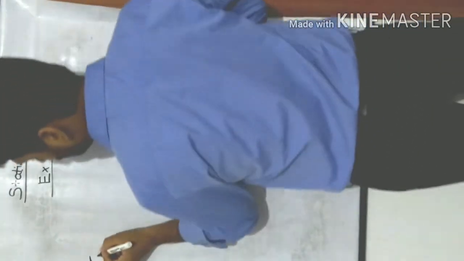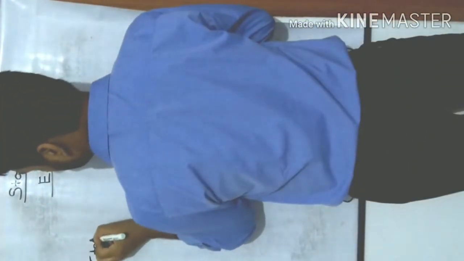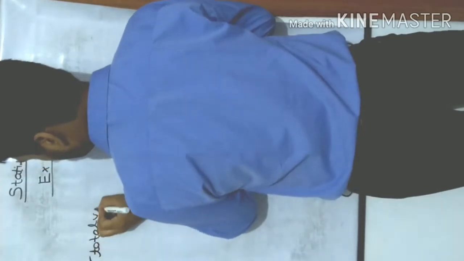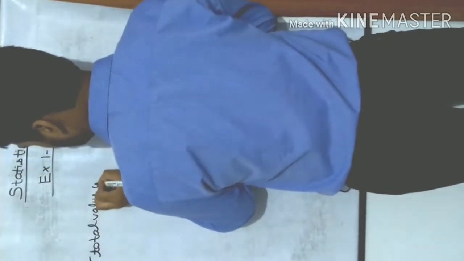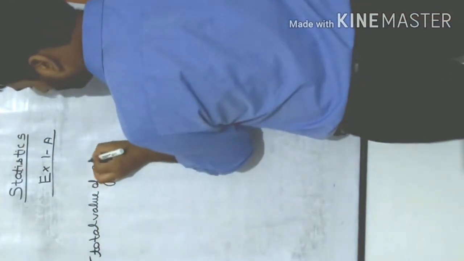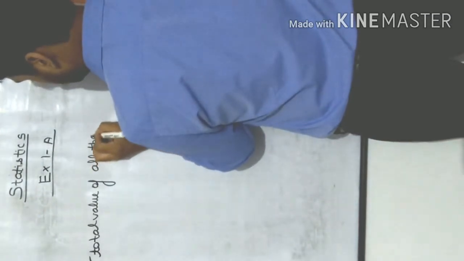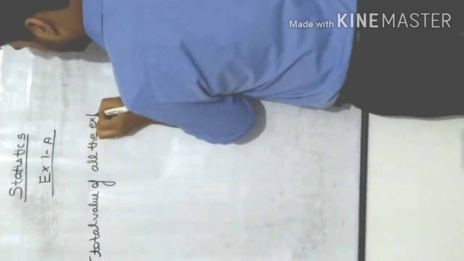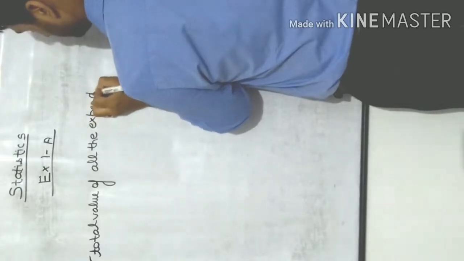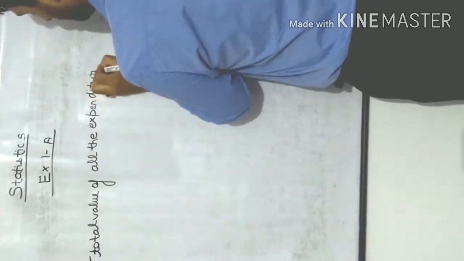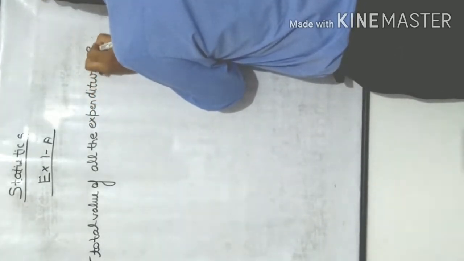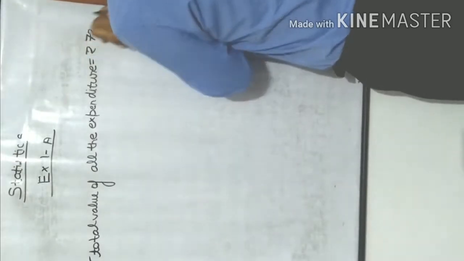So right here, the first line will be the total value of all the expenditure. How much is that? Rupees 72.